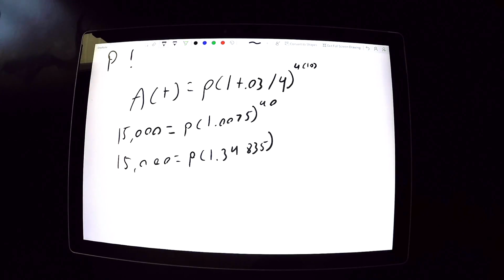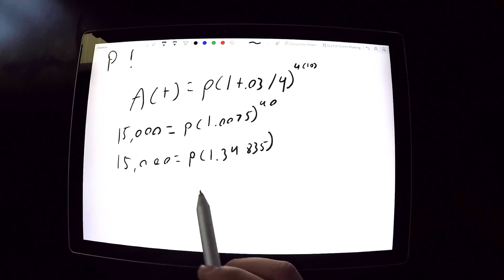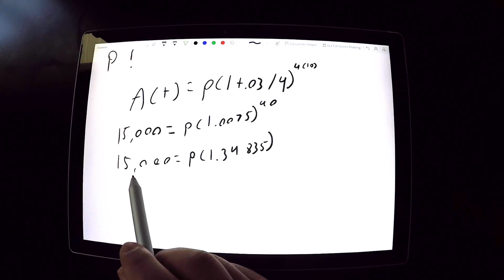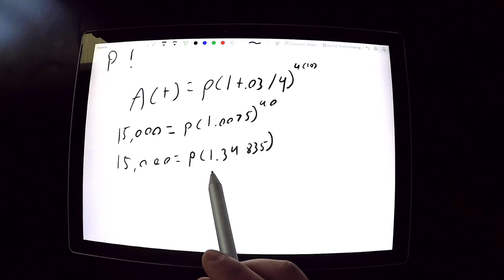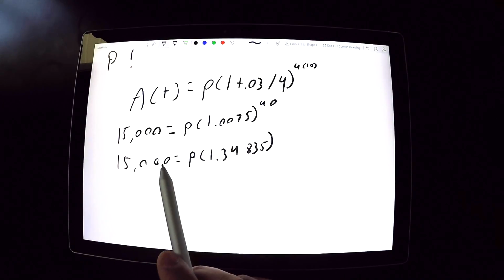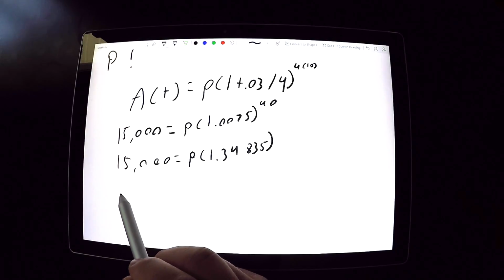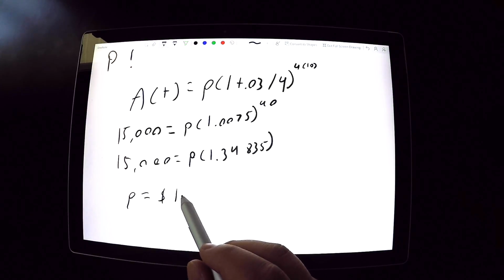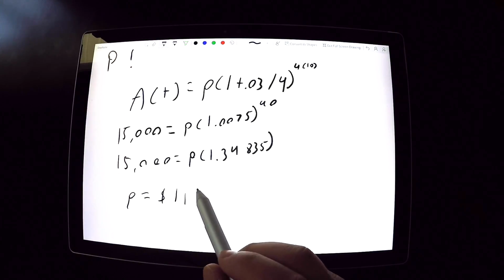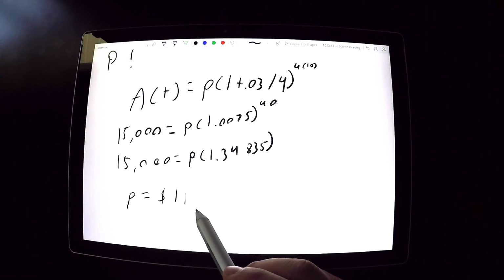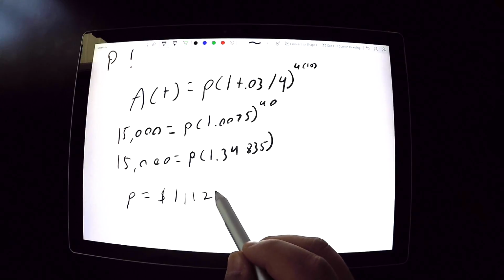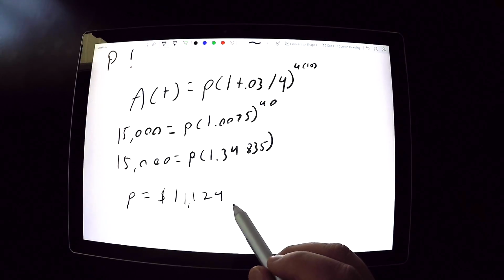So now you divide both sides by 1.34835, and you're left with P equals, excuse me, $11,124.72.